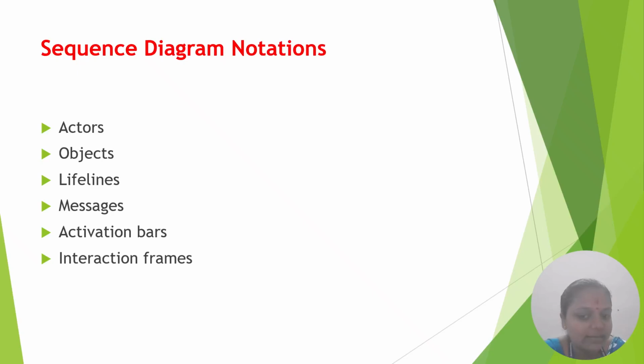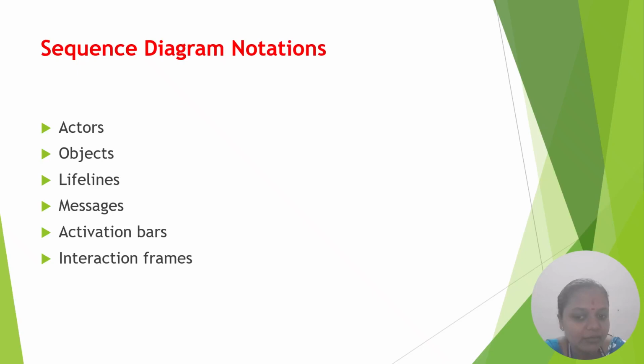Each actor or object has a lifeline, which is shown as a dashed vertical line indicating its existence over time. The messages are represented by arrows between lifelines and show the flow of communication or function calls.